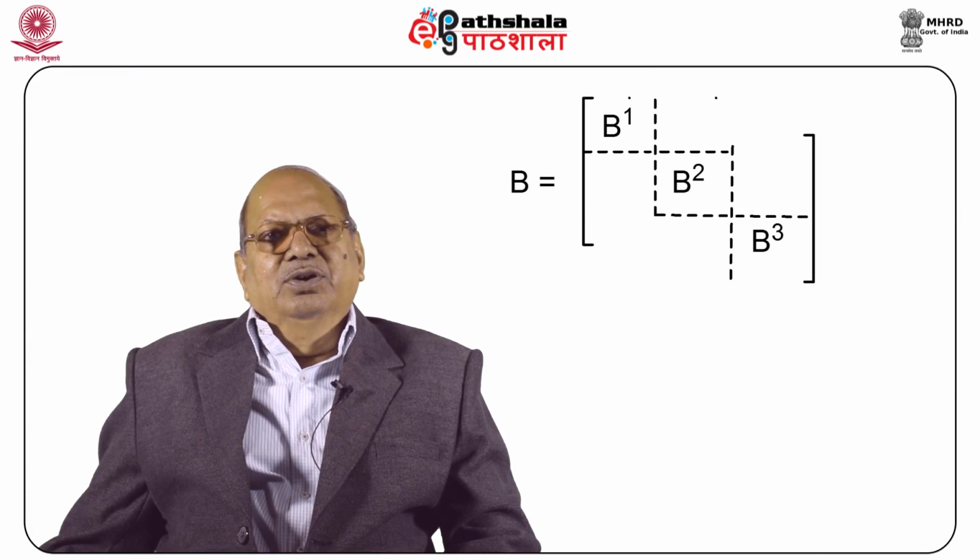Diagonalization is shown in the diagram over here. B is diagonalized as B1, B2, B3, which are shown in the dotted lines. And matrix B is reducible representation and B1, B2, B3 are irreducible representation.